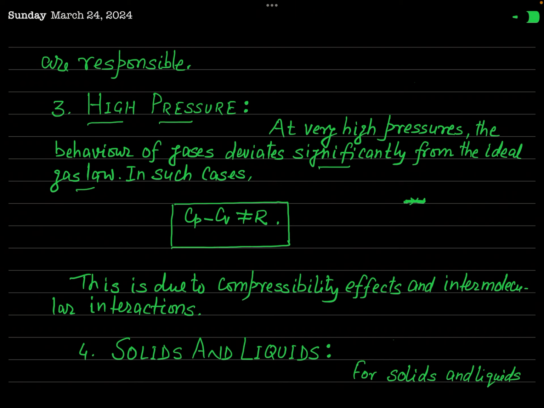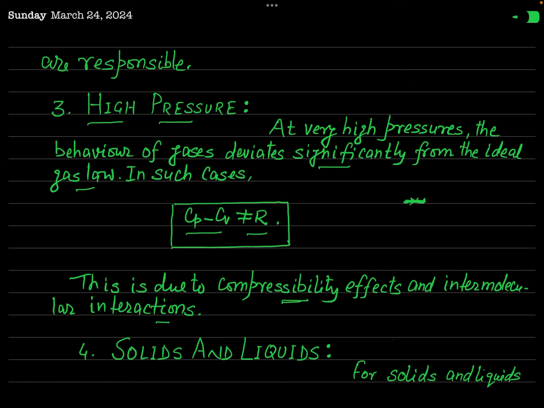And in that case, this relation no longer holds. So you can say that in this condition, Cp minus Cv is not equal to R. Actually, what is the reason behind this? As I have told you, at high pressure intermolecular force becomes significant, and apart from that, there is a compressibility effect also. Due to this compressibility effect and intermolecular interaction, the behavior of the gas is significantly different from the monatomic ideal gas, and so this relation does not hold. I think you are getting the things.